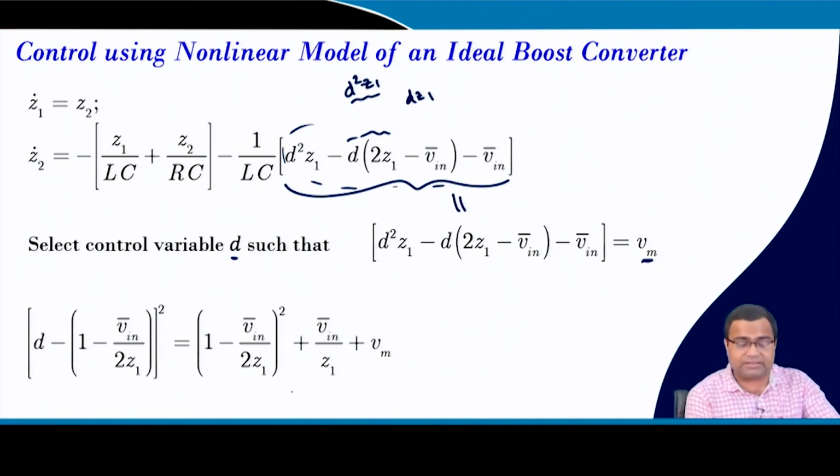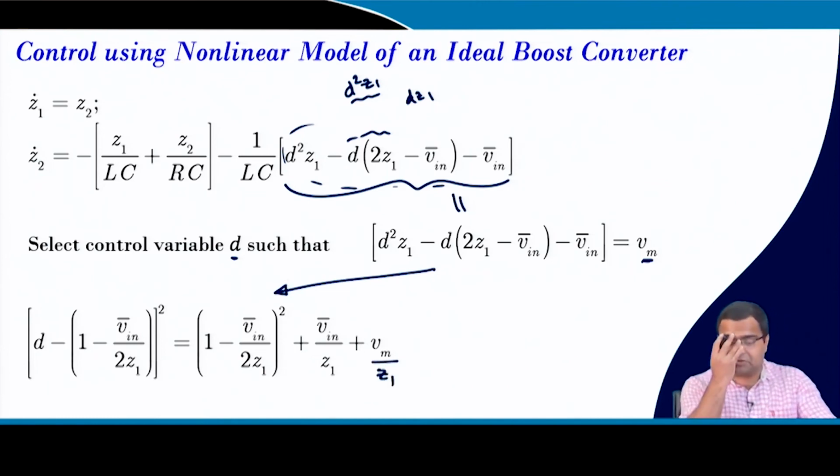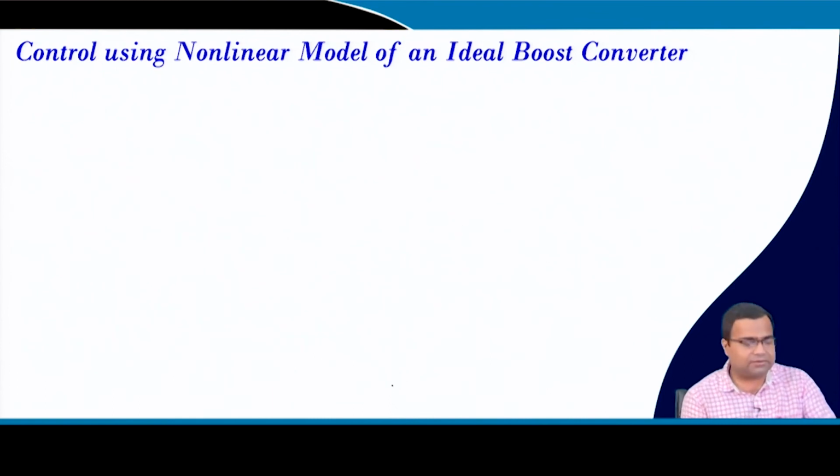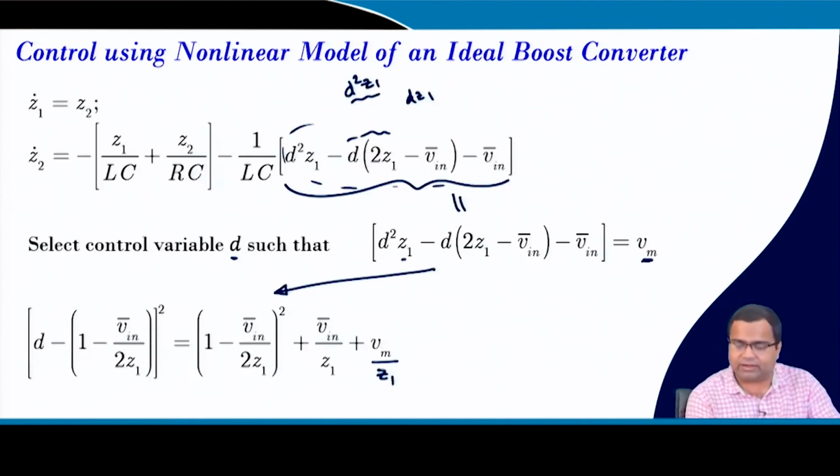So this required, if I set this quantity, this should be Vm by Z1. Then because we are dividing by Z1, that means this twice D, and then we are making it into a square form.